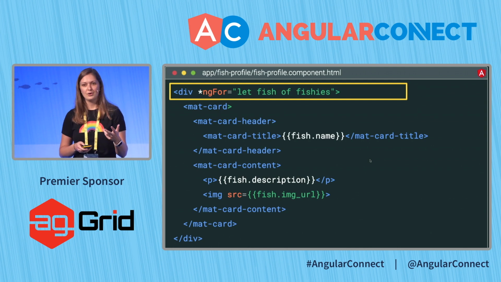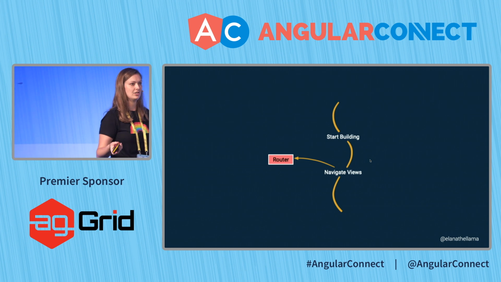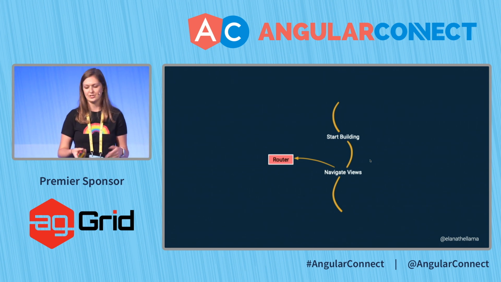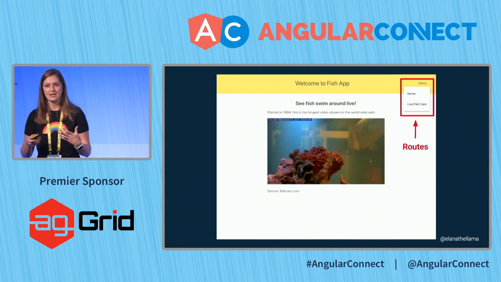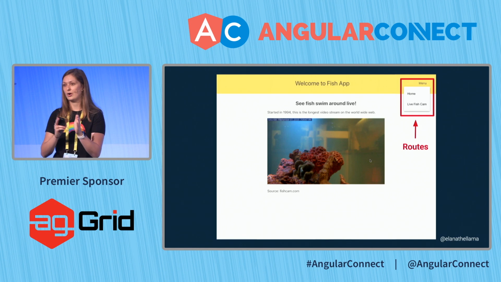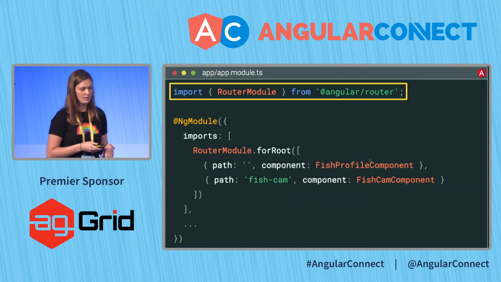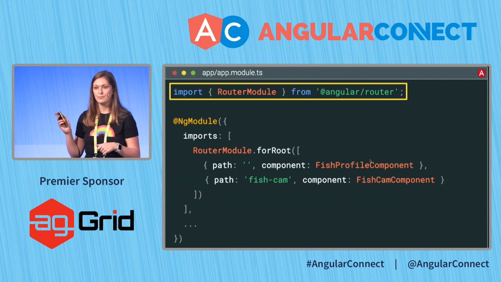So we've created components for our application, and now we want to be able to have lots of pages. We want to make a single page application. The way that looks is here I've created a menu, and we actually have different pages that we will navigate to that will have unique URLs. So the first thing you need to do is to go into your app module and import RouterModule.